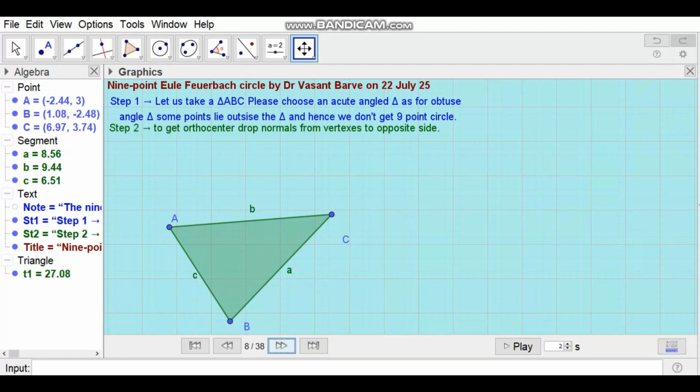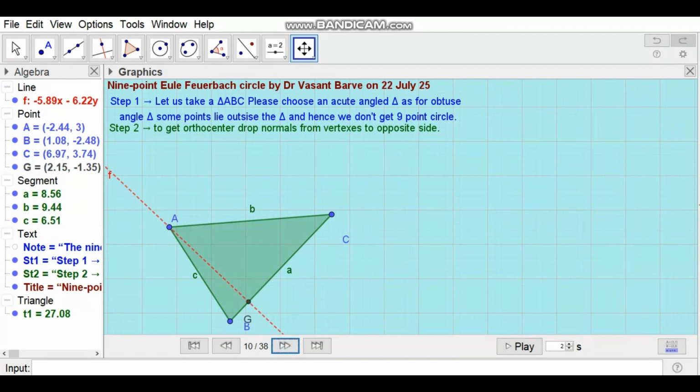Now, second step I am taking is I am going to get the orthocenter. For that, I have to drop normals from vertices to the opposite side, say from A on BC, B on AC, and so on. So let us drop those normals.